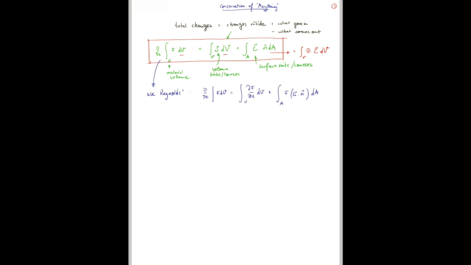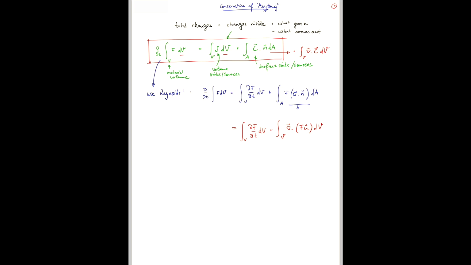So here I've just given the Reynolds transport theorem. And again, using Gauss's theorem, we can rewrite this as a volume integral, namely the divergence of f times u dV. This term here doesn't change.